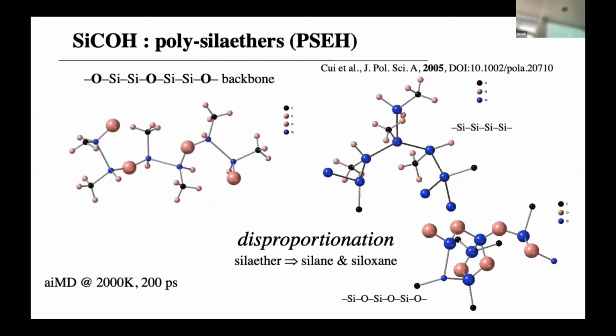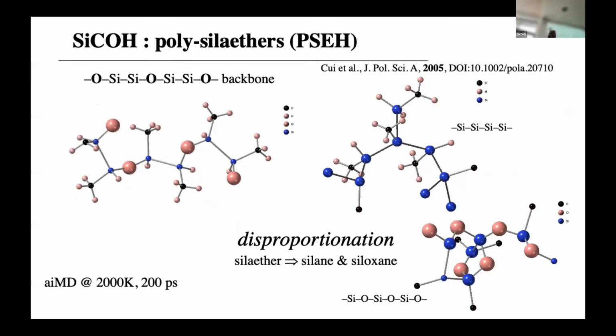Then a very nice object to study in the computer, something we did over the last year, are these polysilyl ethers. I can only recommend them to anybody. They have been cited in certain reviews for 20 years as potentially very nice systems. I can only recommend the experimentalists to go ahead and synthesize them.